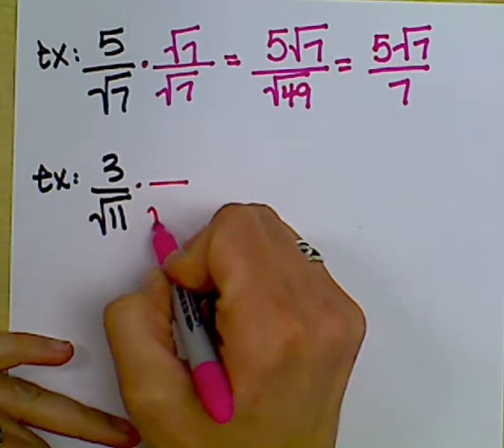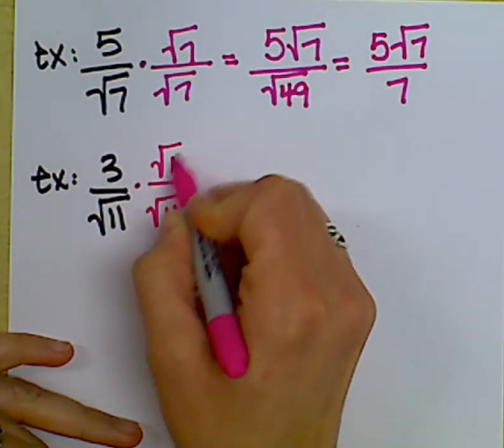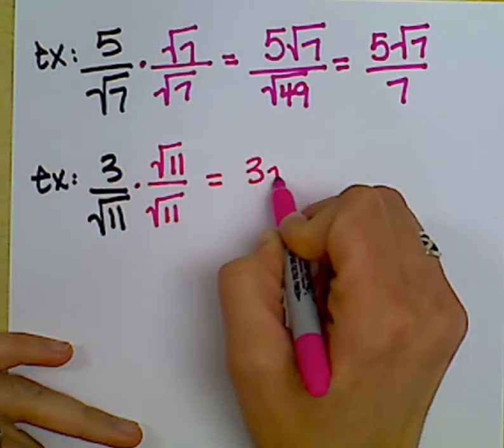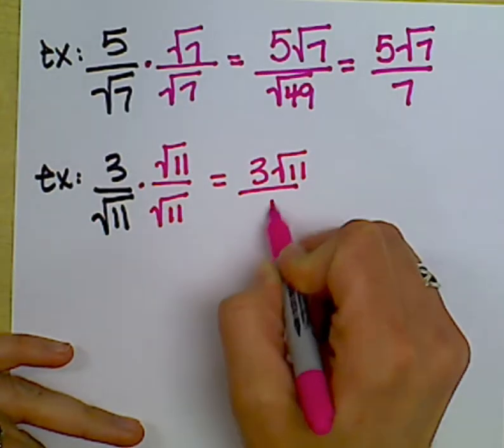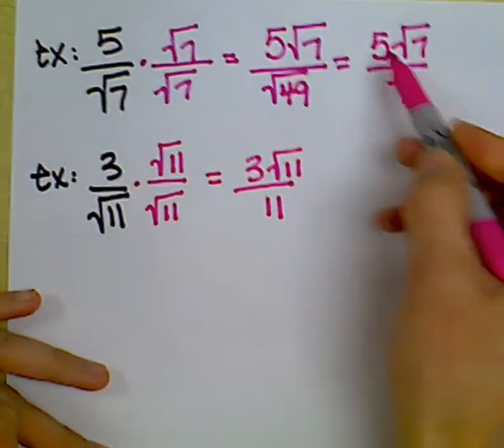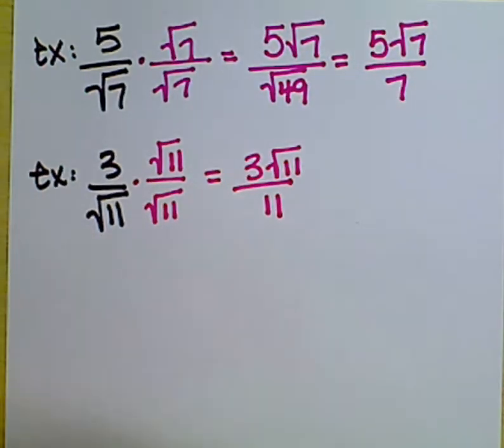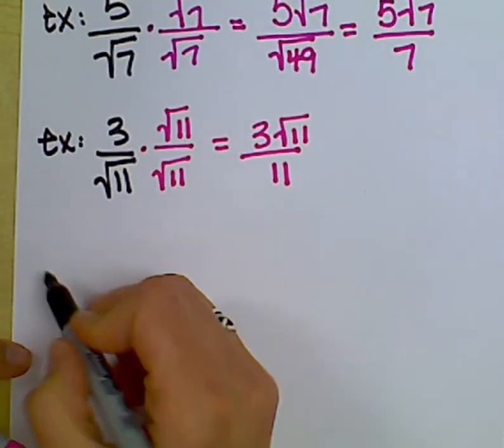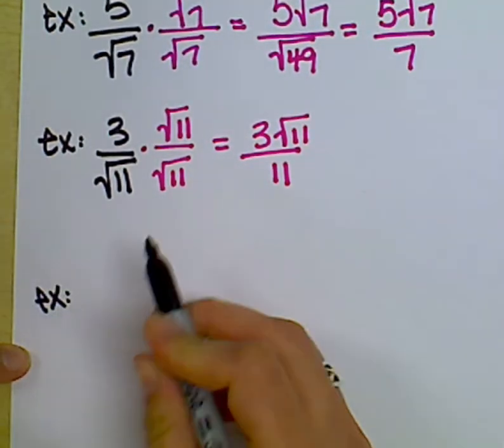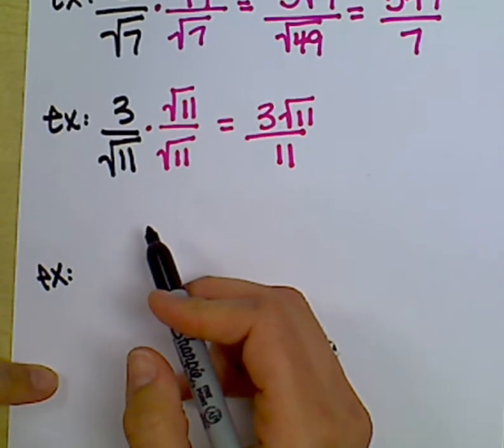The only option is the radical 11 over the radical 11, giving 3 radical 11 over 11. The pattern exists because this is a prime number. However, if it is not a prime number, find the closest perfect square.